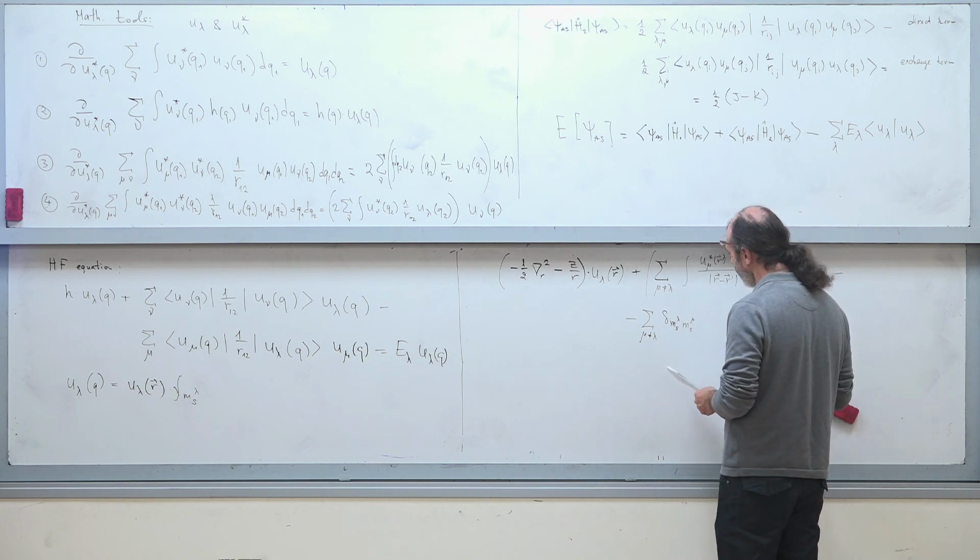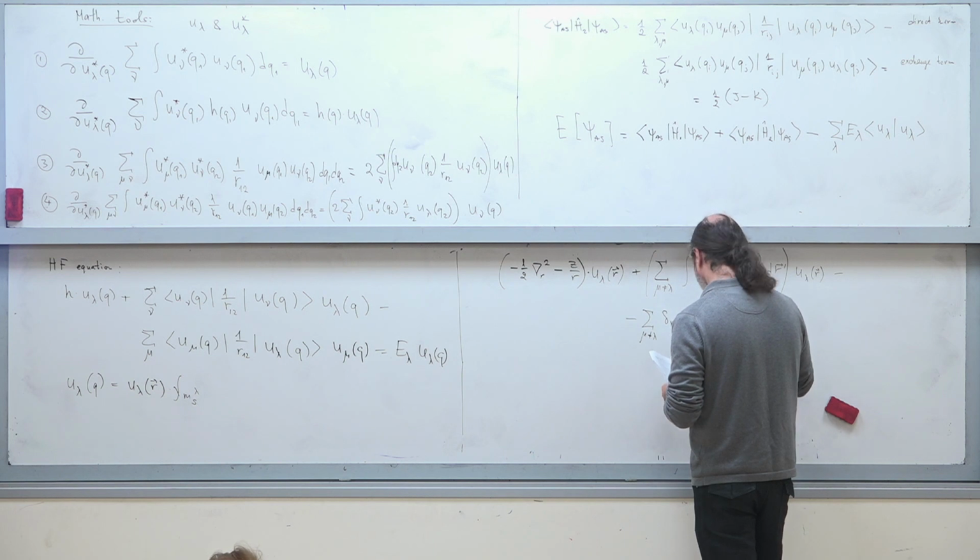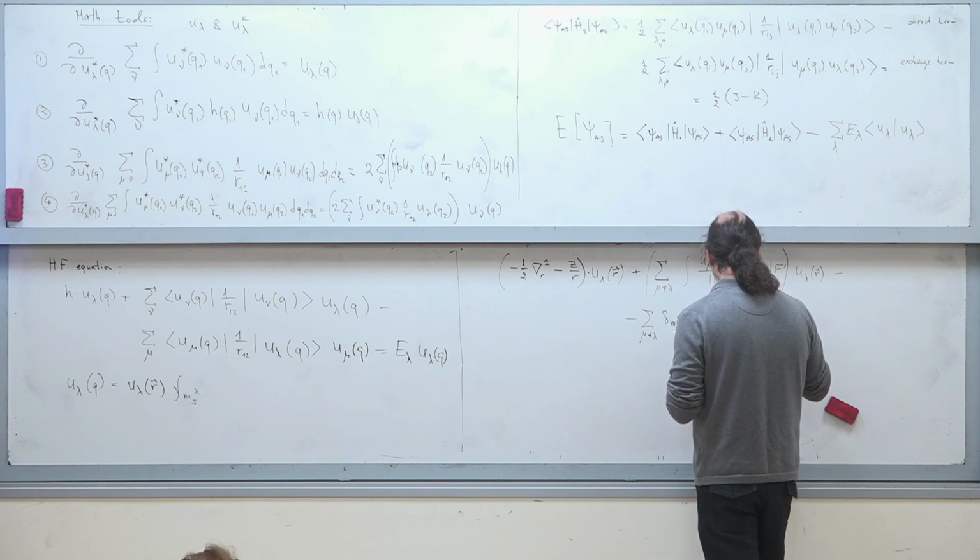And then we have here u mu star of r prime multiplied by u lambda of r prime, divided by r minus r prime.